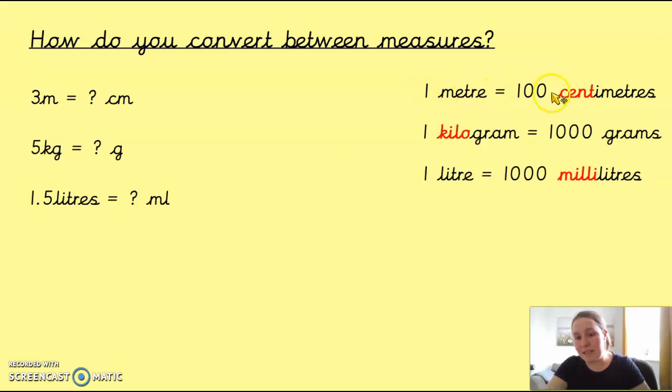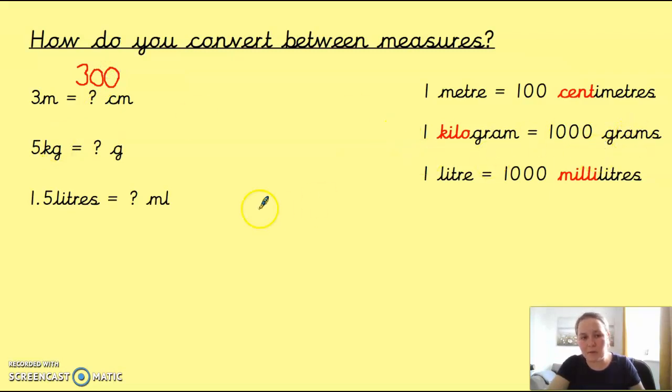So if I was going to do 3 metres to centimetres, I've popped these here to remind us, but you need to try and keep these in your head moving forward. If 1 metre is 100 centimetres, then what am I going to have to do to that 3 to find out how many centimetres? I'm going to have to times by 100, because 1 was 100, so 3 will be 300. Okay, similarly with our kilograms, let's look at our conversion.